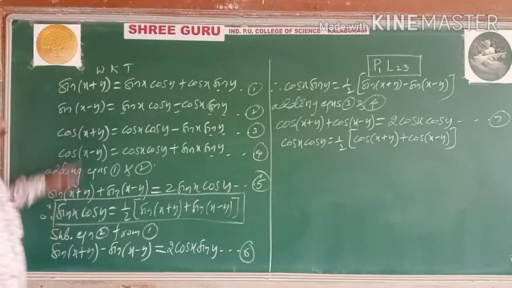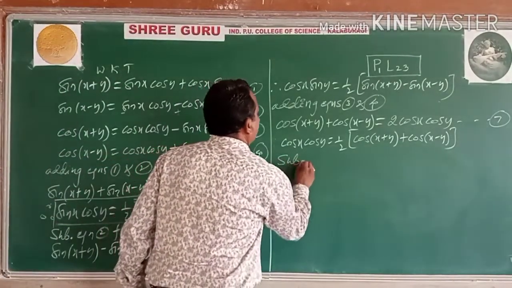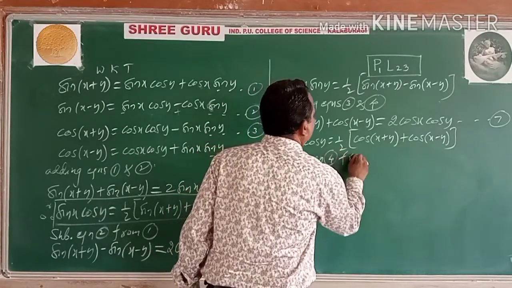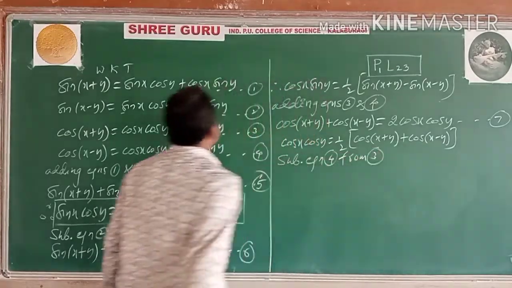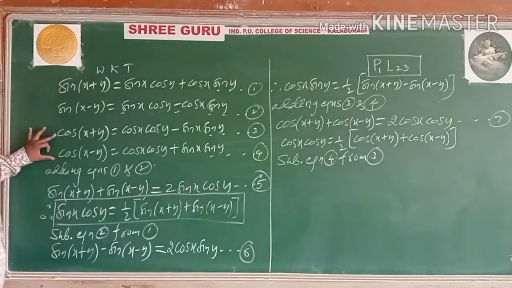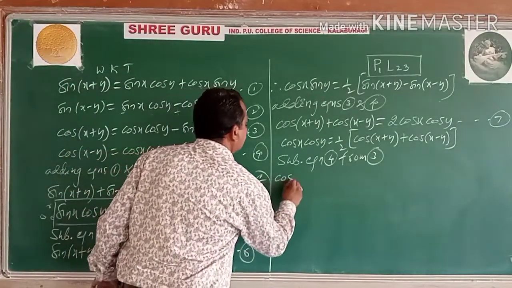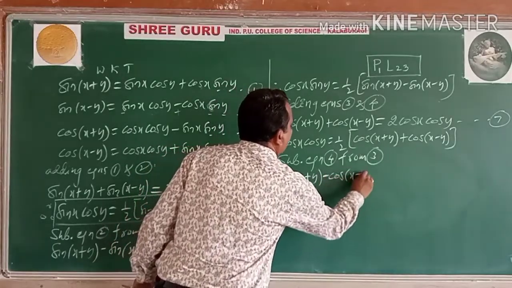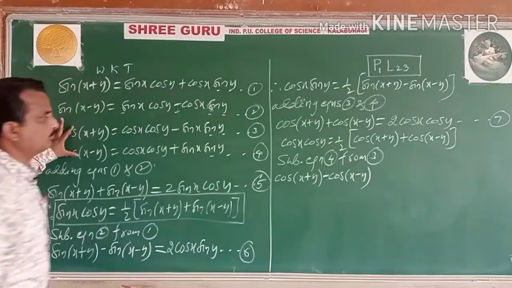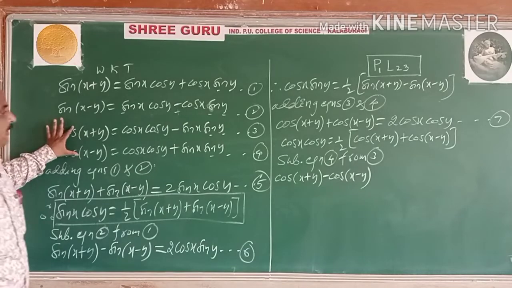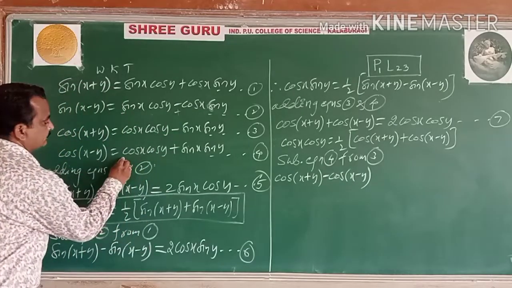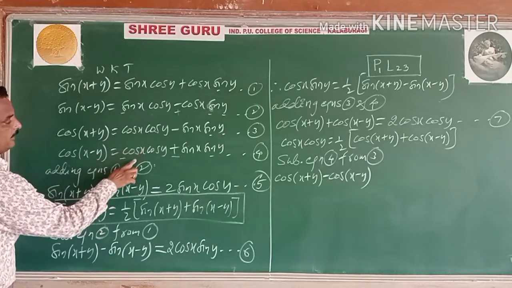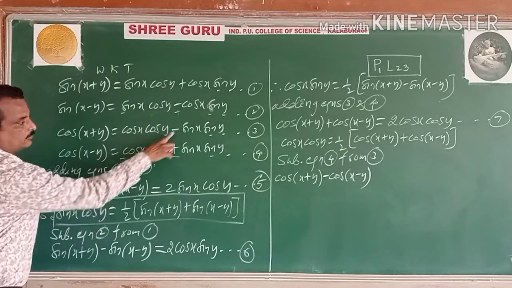Now next, subtracting equation 4 from 3. Cos of x plus y minus cos of x minus y, equation 3 minus equation 4. Cos x cos y minus cos x cos y get cancelled.